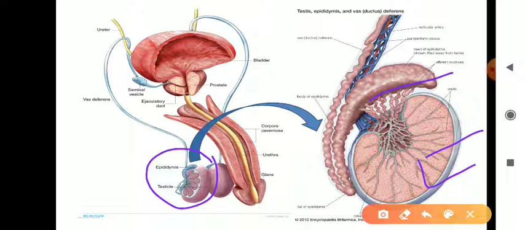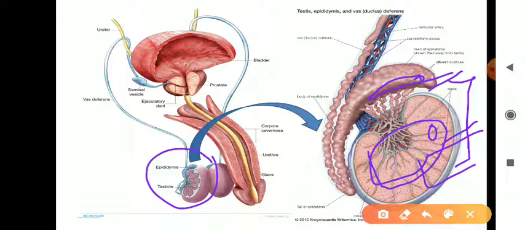These two organs are getting affected in orchitis. So when the infection or inflammation is in the epididymis, that can lead to infection in the testis also. This condition is known as epididymo-orchitis.